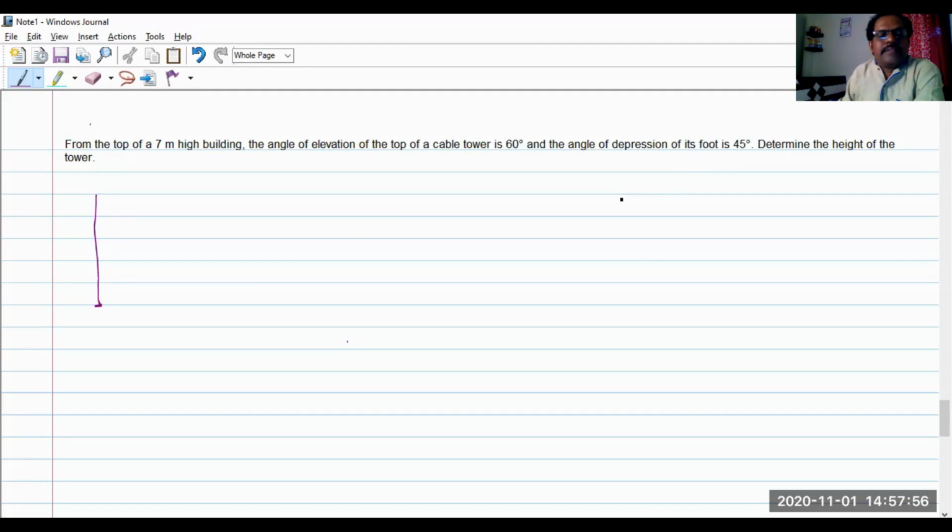Okay, this is a 7-meter high building. Let it be, I will just draw a smaller one like this, because we need to draw the angle of elevation as well as the angle of depression. So let it be the 7-meter high building, let it be AB. AB is the building, right? The angle of elevation of the top of the cable tower is 60 degrees.